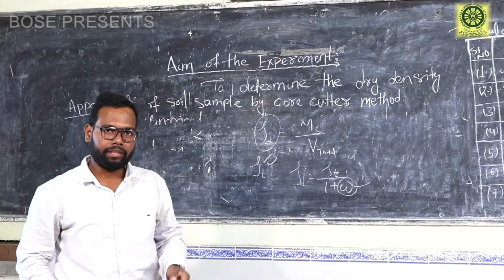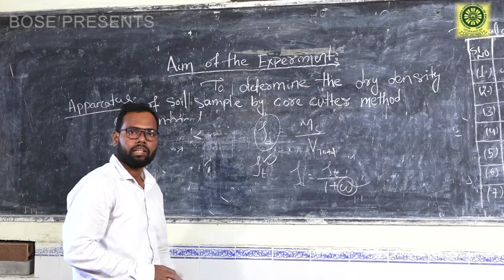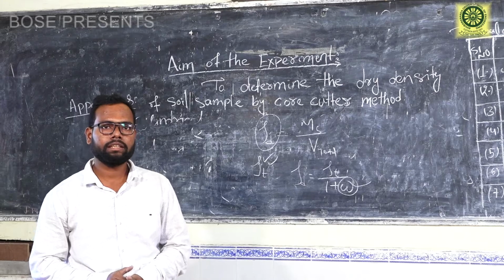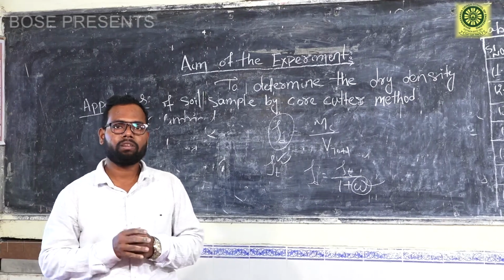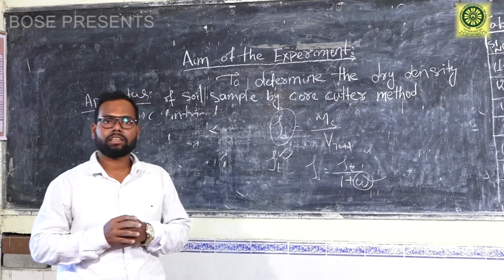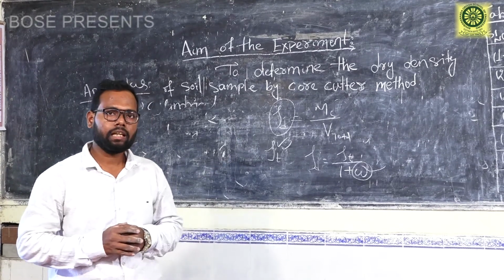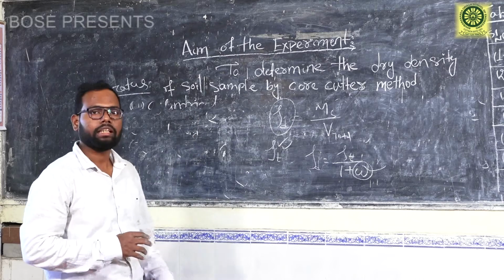Why do we need to determine the dry density of a soil sample? Dry density influences the soil very much: it influences bearing capacity, the degree of compaction, and even settlement. That's why we need to calculate the dry density of the soil sample.